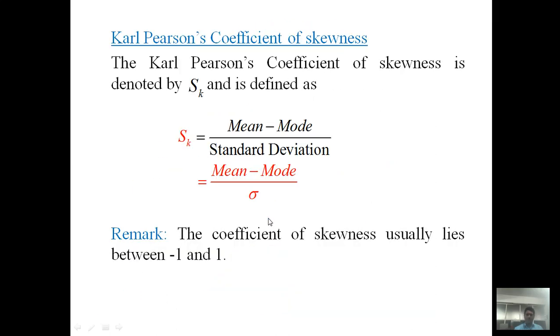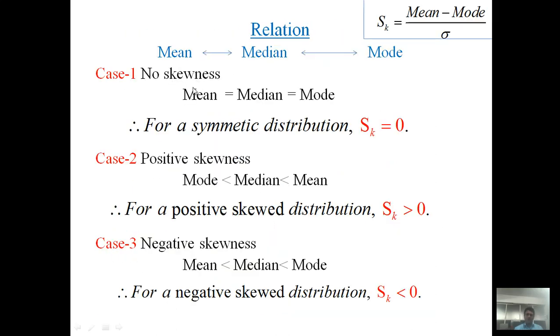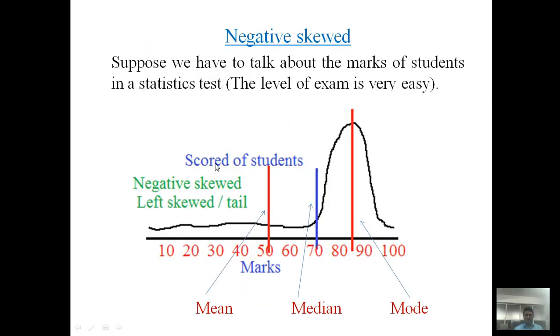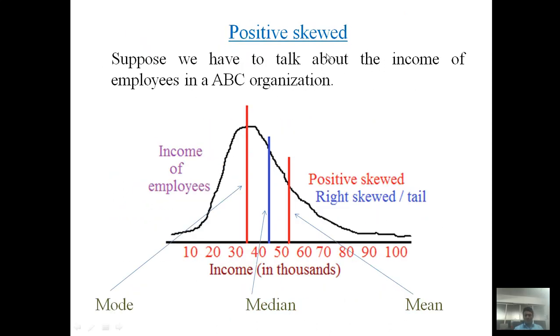So here we write down: when there is no skewness, mean, median, mode all are equal. Case 2, positive skewness. When there is positive skewness, mode appears first, then median, and then mean.